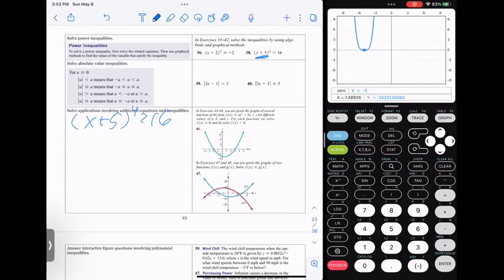It's kind of hard to see here. If you keep going to where it says greater than 16, it's hard to see. It seems like it might be something maybe negative.